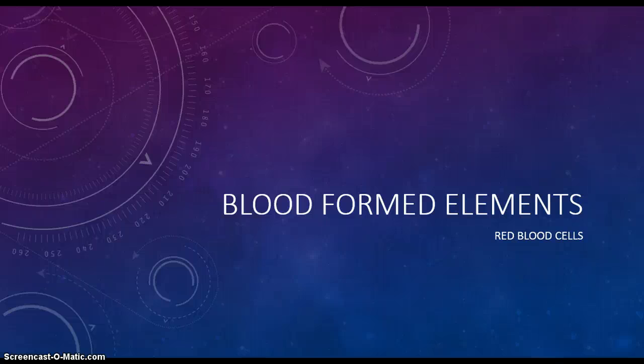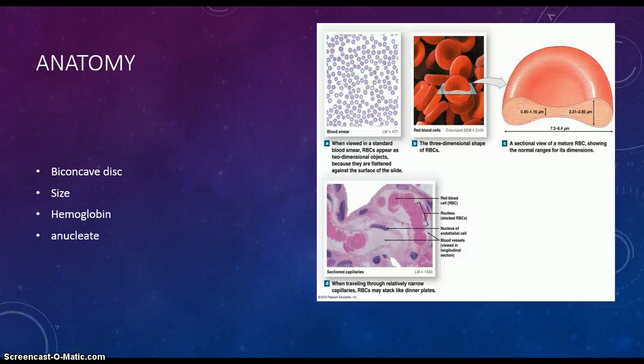Formed elements of the blood consist of red blood cells, white blood cells, and platelets. We're going to focus on the red blood cells. The anatomy of a red blood cell is really quite interesting in that it is described as a biconcave disc. What this means is that both sides of the red blood cell are sunken in.